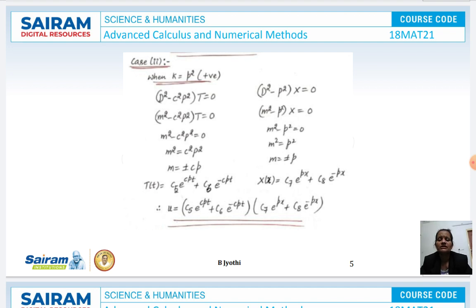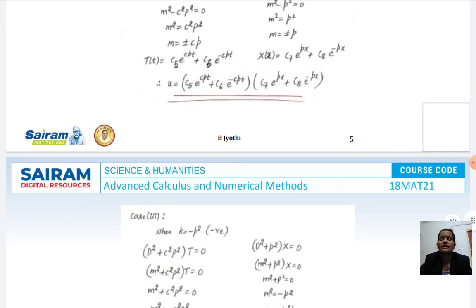Hence the solution will be u equal to (c5 e power cpt plus c6 e power minus cpt) into (c7 e power px plus c8 e power minus px). This is the second case of the solution when k is plus p square.